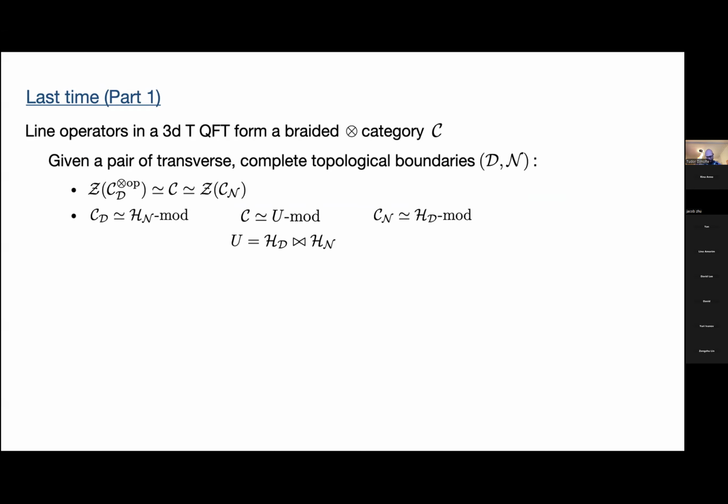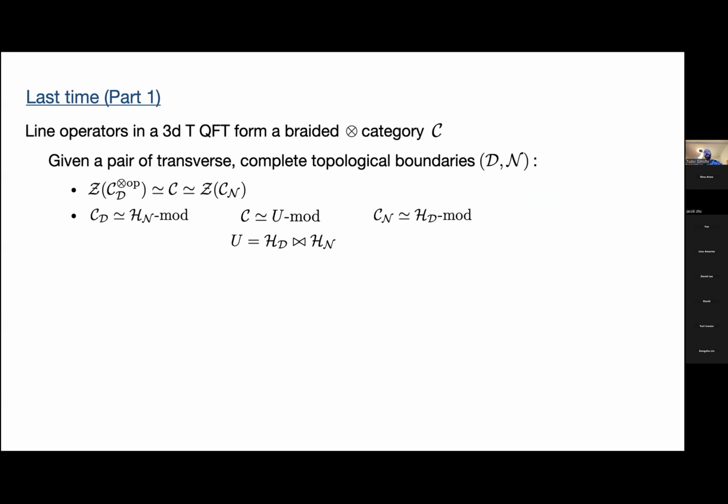And your monoidal category, how should we think about bimodule categories for these?